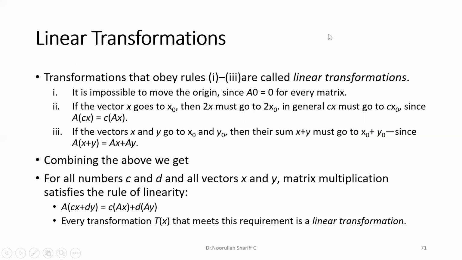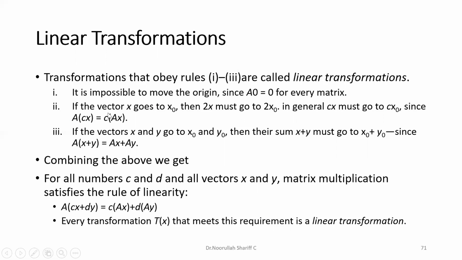The first one is, it is impossible to move the origin, since if you multiply A with the 0 vector, the origin, then we'll get a 0 vector itself. So multiplying any matrix A with 0 will always lead to 0. Therefore, it's not possible to move the origin to any other place.